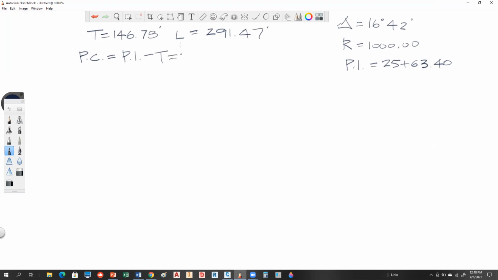We've got 2563.40 minus 146.78. So that gets us 24 plus 16.62. So this is the station we're sitting at. PT is given by what equation?